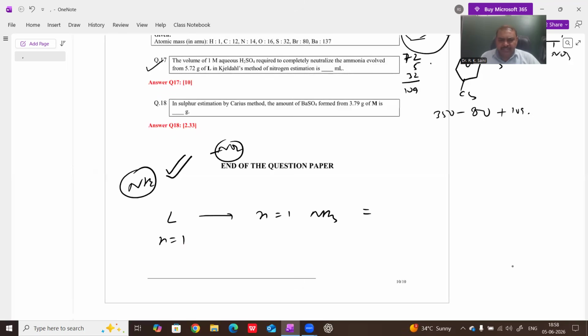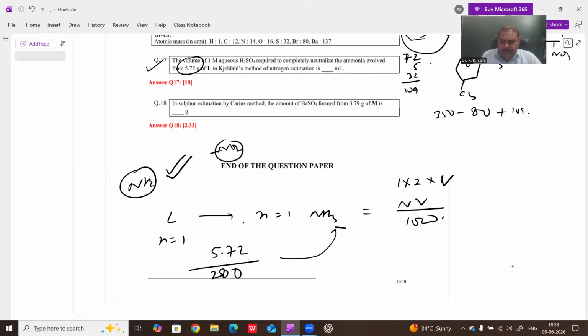According to the law of equivalence, the n-factor is 1, and the milliequivalent of H2SO4 is N times V upon 1000. The mass given is 5.72 and the molar mass is 286, for the moles or equivalents. With molarity 1 and n-factor 2, we find the volume, divided by 1000, as 10 ml.